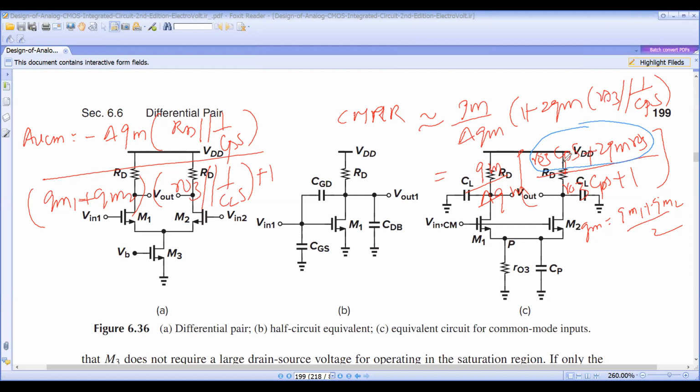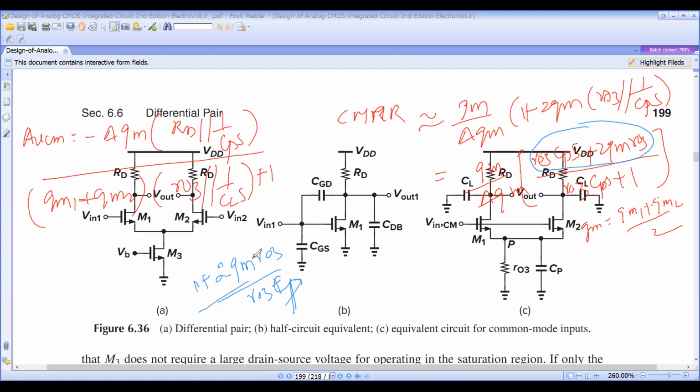This is the S term, so make the coefficient 1, then this by this will come. So that zero is at 1 plus 2GM R03 by R03 CP.